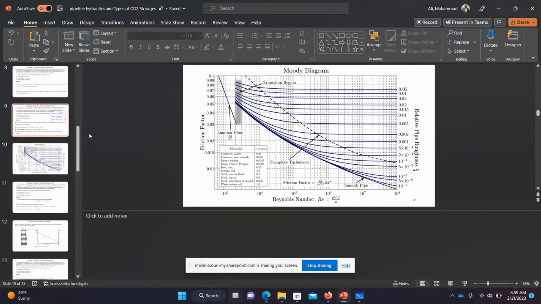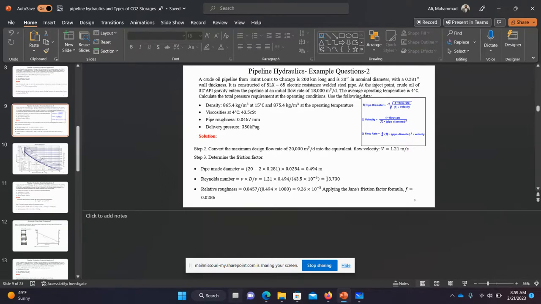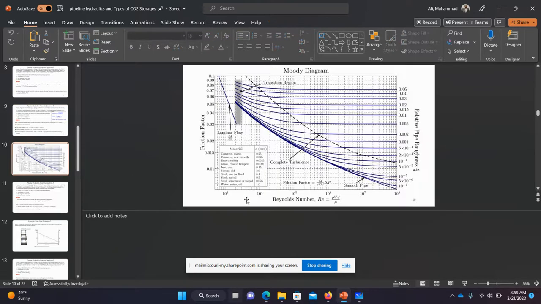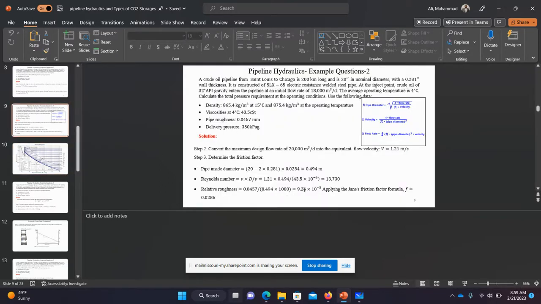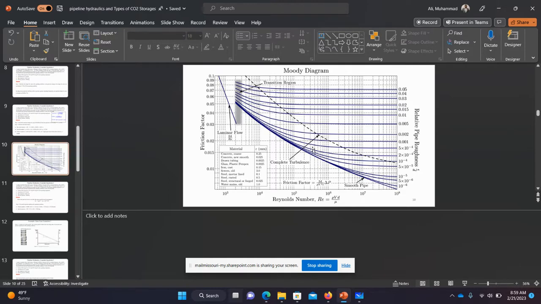So here is the chart. Our first value here is 13,730. You can see the 10,000 starts from this point, so the 13,000 is somewhere between here. The relative roughness that we have here, if you convert this, is 0.00009, which is close to, less than, the 0.001 line.